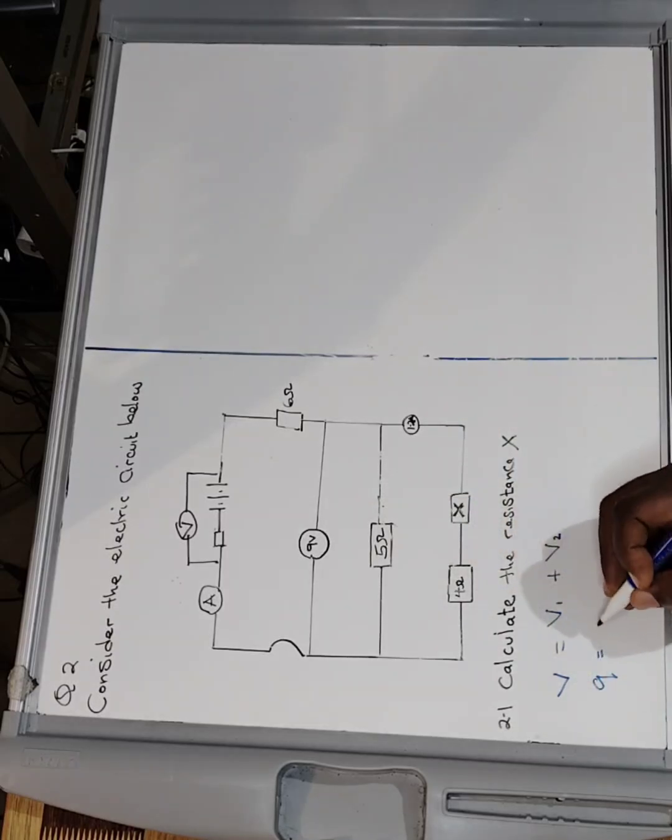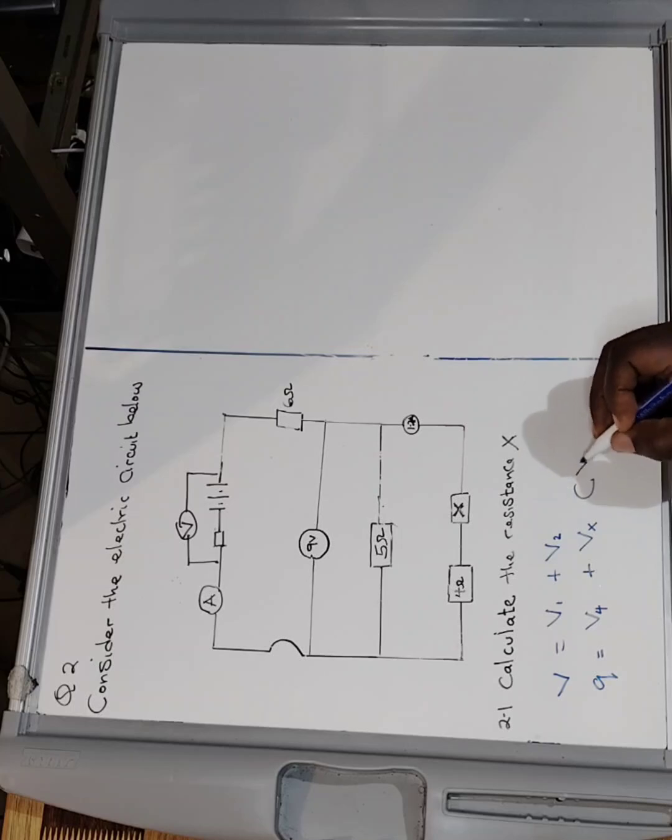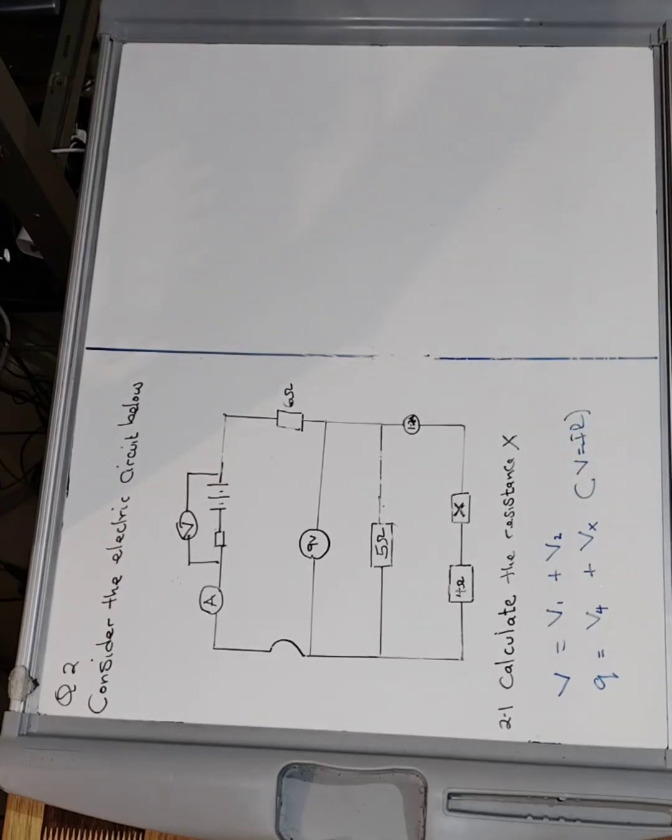V1 is the V across 4, and V2 is the V across X. But you have to recall that every V is equal to IR in accordance with Ohm's law. So you're going to say 9 is equal to IR4 plus IRX.